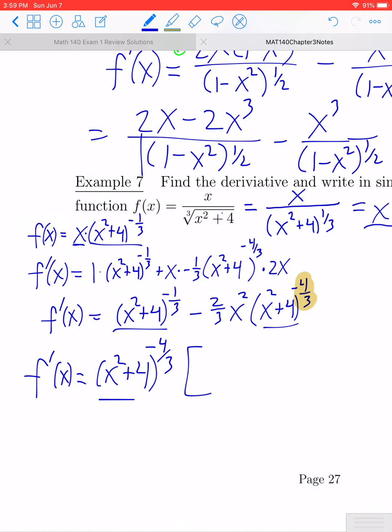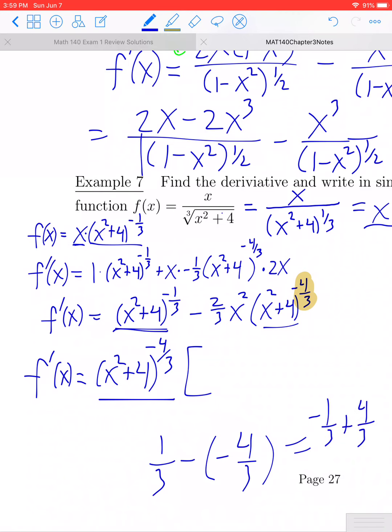When I factor an x squared plus 4 to the negative 4/3 out of this one, the power will now be negative 1/3 minus negative 4/3, which is negative 1/3 plus 4/3, which gives us positive 3/3, which is going to be 1. So I'm going to be left with the x squared plus 4 to the first power here. Subtract. Now this is the very thing I was factoring out, so this term is going to be gone. And what we have is a negative 2/3 x squared there.